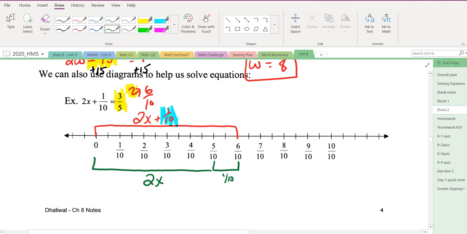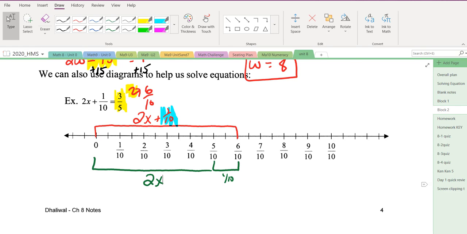Then we need to break this up into 2 equal spaces because it's 2x. Okay, how many lines are there here? 1, 2, 3, 4, 5, 6, 7, 8, 9, 10, 11, 12 lines. So the halfway point is at the 6th line mark. So 1, 2, 3, 4, 5, 6.